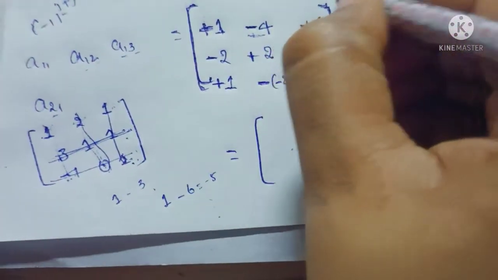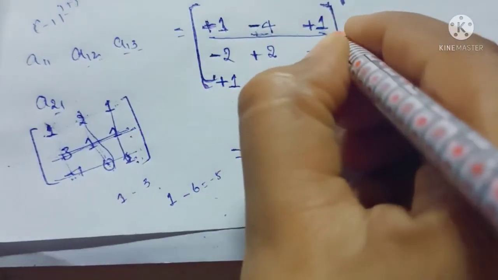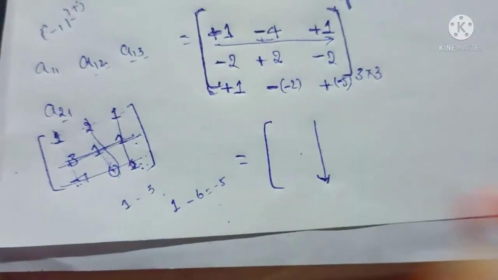If you transpose this matrix, we get the adjoint matrix. What is the meaning of transpose? Convert the row elements into column elements.